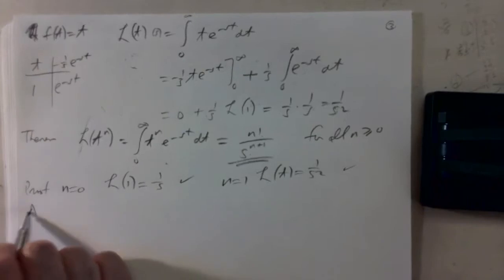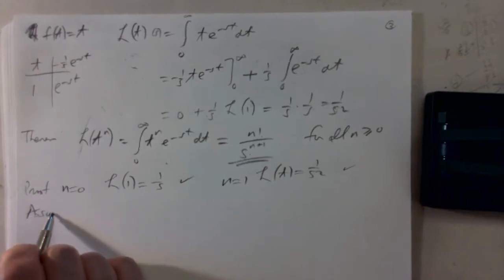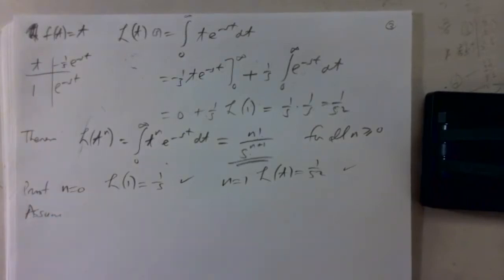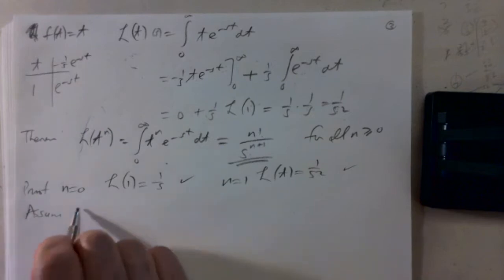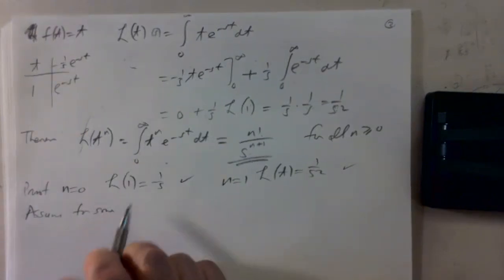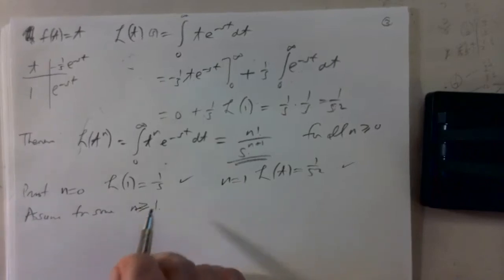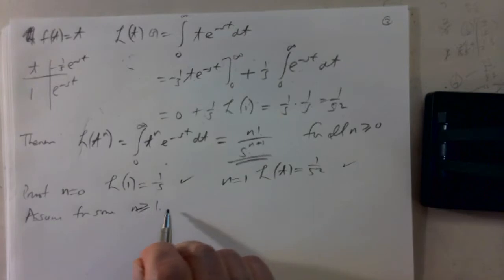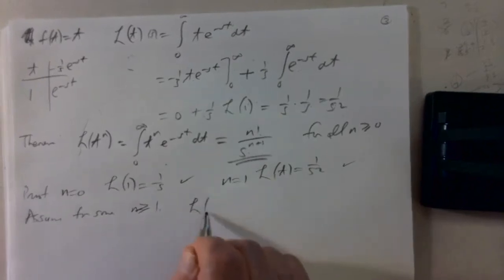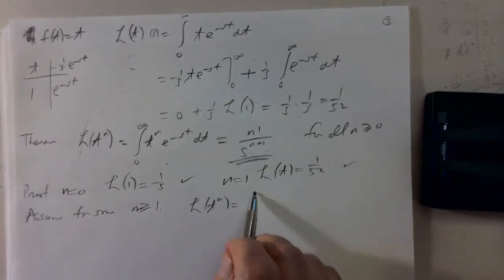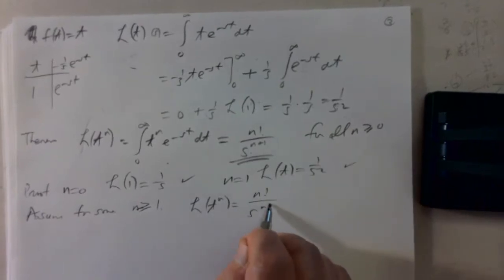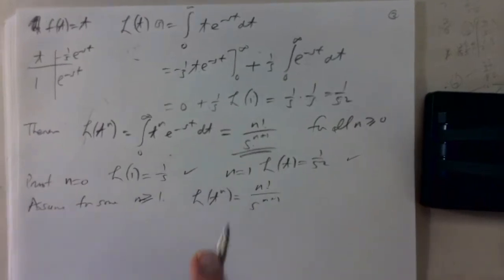So assume that it's true for some integer n, let's say n greater than or equal to 1. That is, we assume that the Laplace transform of t to the n is n factorial over s to the n plus 1.